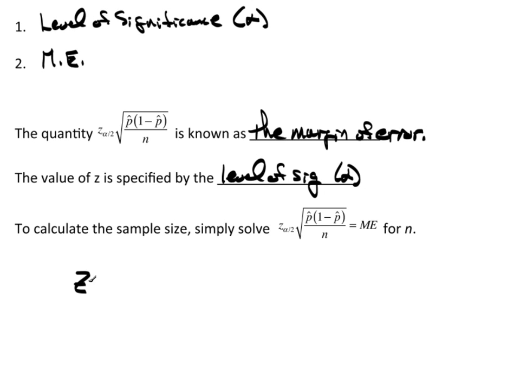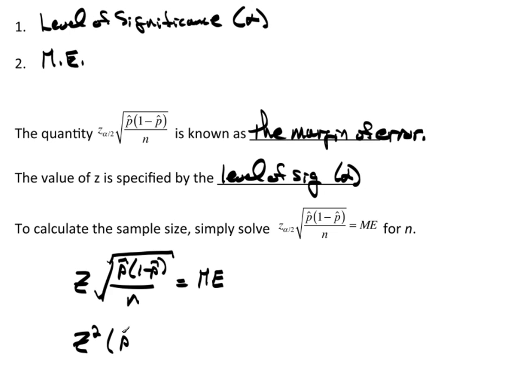So I'm going to have z of alpha over 2. I'm just going to write it as z so I don't have to keep writing the alpha over 2. Square root of p hat times 1 minus p hat over n, and that equals the margin of error. So if I square both sides, I will have z squared times p hat times 1 minus p hat over n equals the margin of error squared.